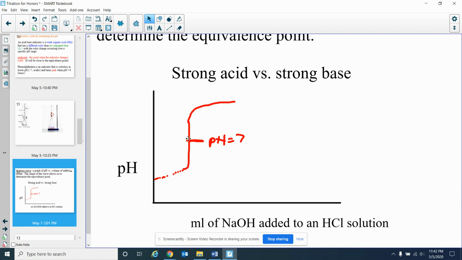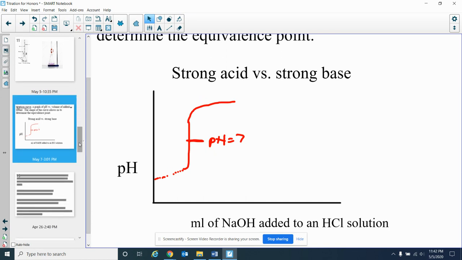And then right here, we could come down and see how much NaOH it took to neutralize our acid, because we would know that by the equivalence point. That would be if we were graphing. But we're not going to graph these. We're just going to see how much base it takes to change our acid from clear to pink, because then we'll know that we've neutralized our acid.